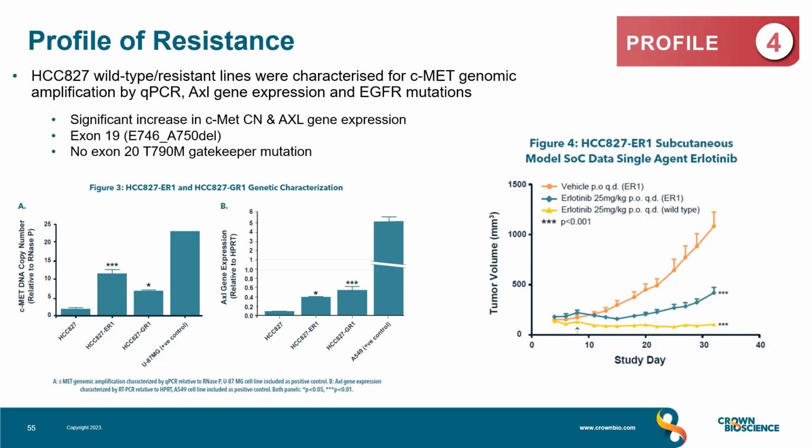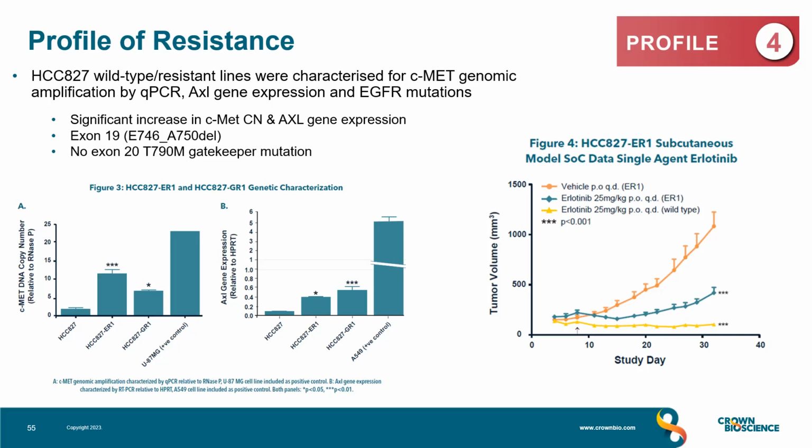So firstly, there were obviously no changes in comparison to the wild type model in terms of SDR profiling. So it was confirmed it was the same cell line. The lines were characterized for some of those mechanisms, so c-Met genomic amplification by PCR.